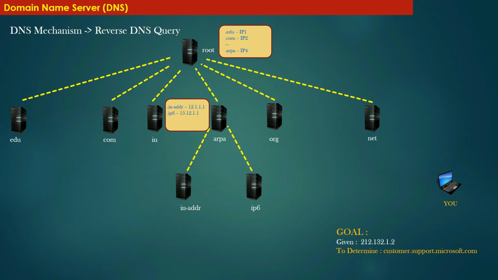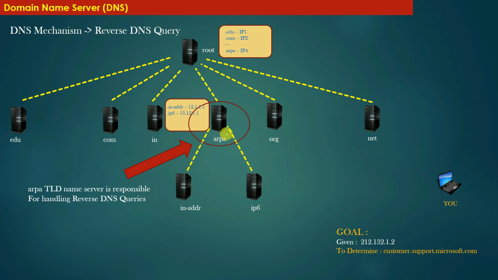So here you can see in this diagram, there is a special top level domain name server called the ARPA server. This ARPA server is special in the sense that this top level domain name server is dedicated to handling reverse DNS queries. Right? So this is the ARPA DNS server which is going to handle all the reverse DNS queries.